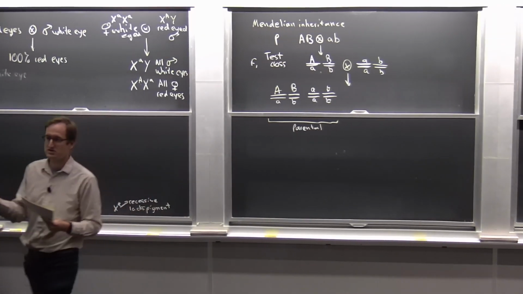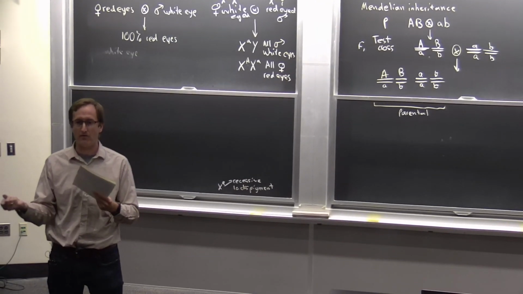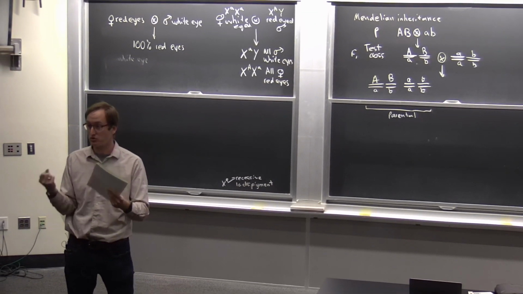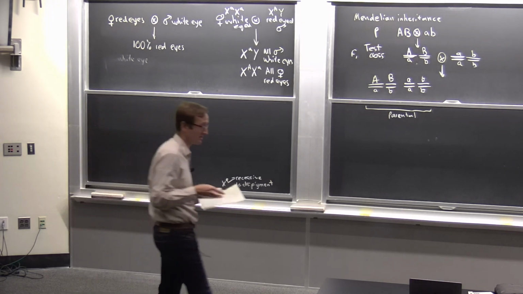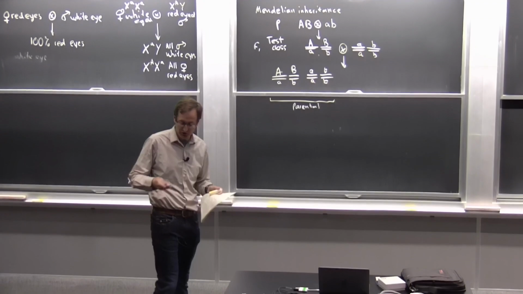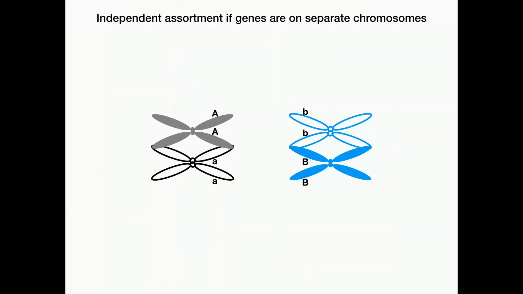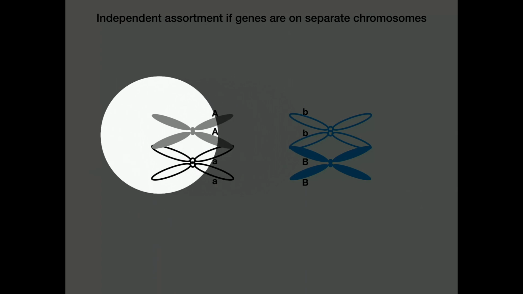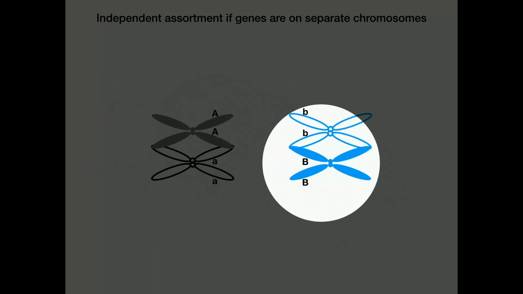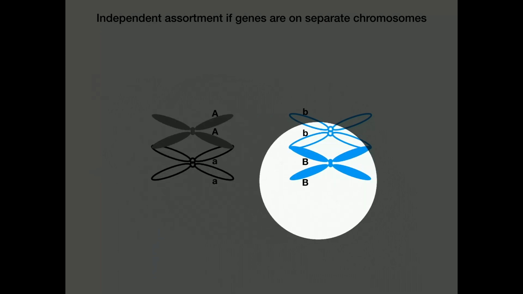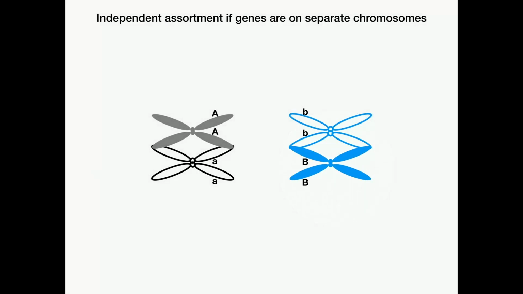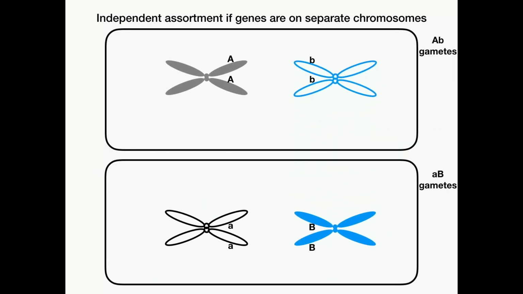But Mendel showed that if you have genes and their alleles on separate chromosomes, they can assort independently of each other. So an alternatively likely scenario is that the chromosomes align like this, where now the dominant allele of B is on the other side of the spindle, and therefore these chromosomes are going to segregate like this during the first meiotic division, and that gives rise to gametes that have a different combination of alleles than the parents, okay?